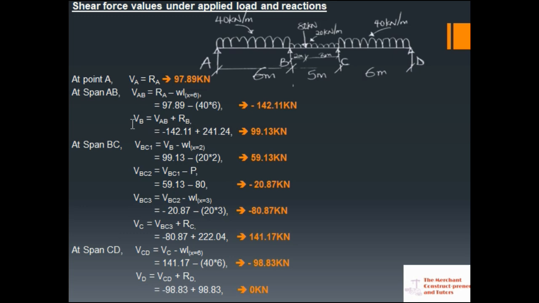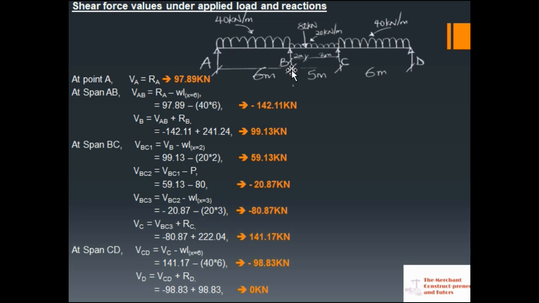Keep that one. Now the shear force at B will be this initial shear force you got here plus the reaction. You know here we said VA is the shear force equal to the reaction at A. Then at this point B, after calculating this for this span, you have the value here.